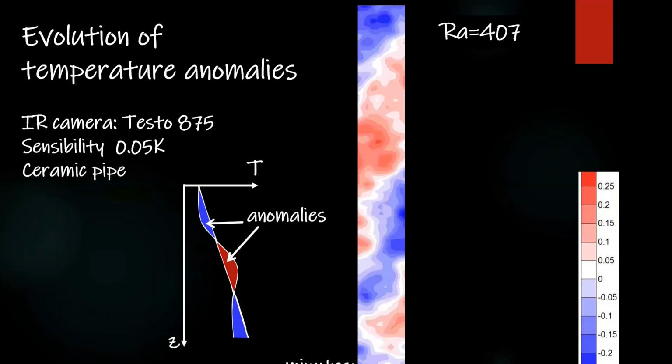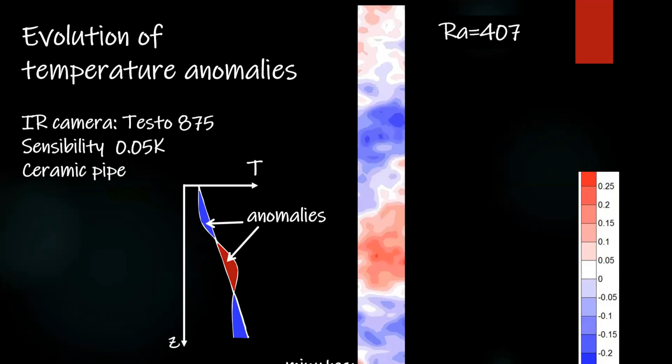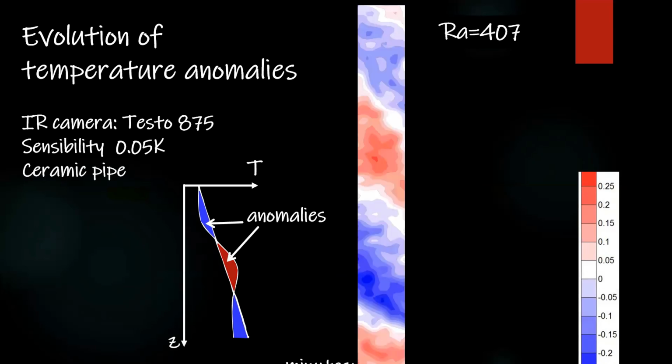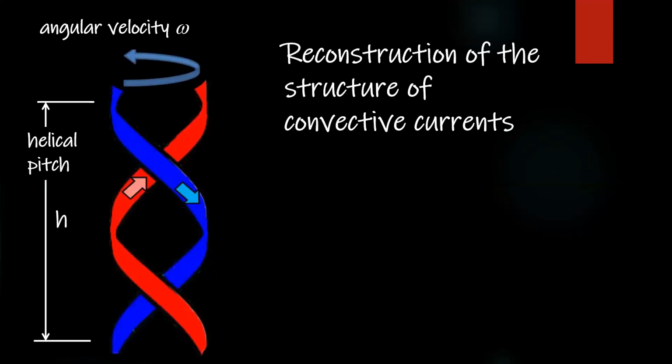Diagonal positive and negative anomalies move downward. The only structure that satisfies the recorded distribution of temperature anomalies on the pipe wall is a rotating double helical system. Helical twist direction and the direction of rotation are constantly changing.